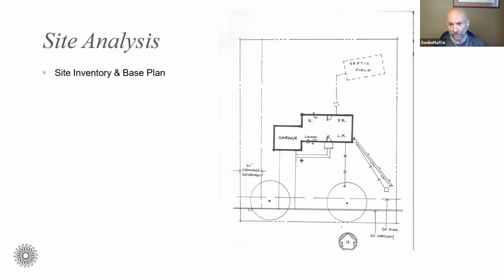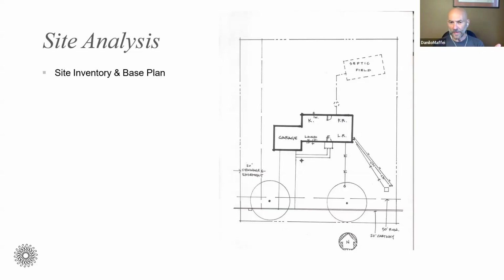So if you are a professional and you're doing this for someone other than your own property, then you would have to be a member of the local utility locating authority. So it's very important that we understand where those utilities are and we document them on our base plan.